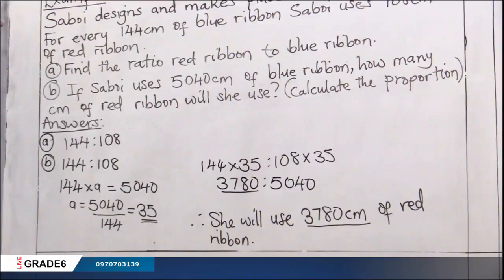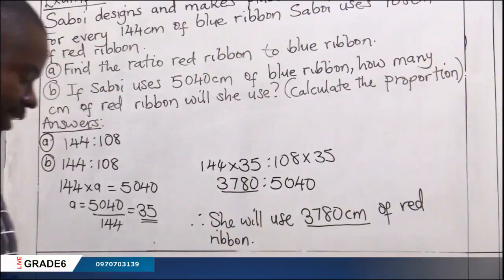We are done with how we can differentiate. Okay, so let's look at how we can express a given ratio in its lowest terms.